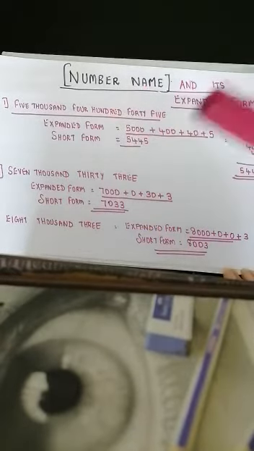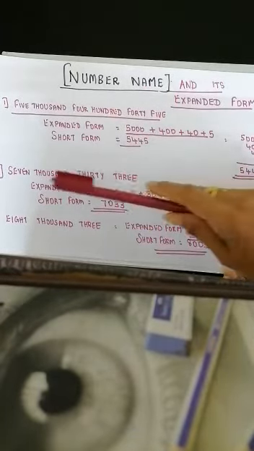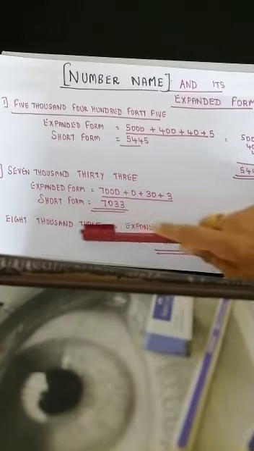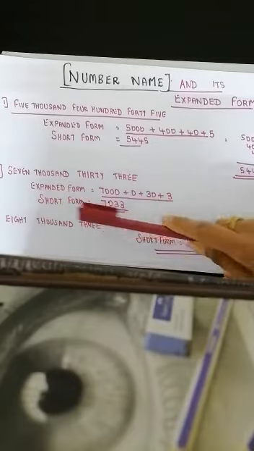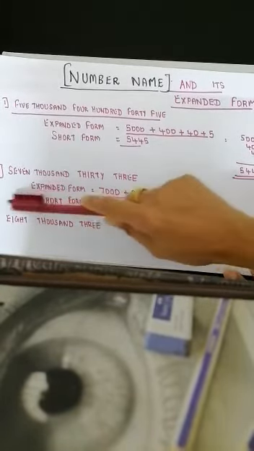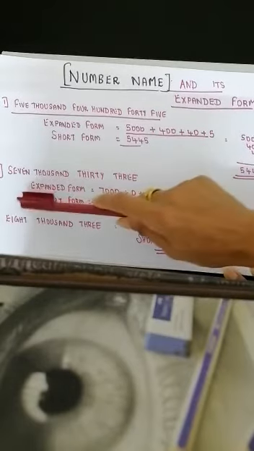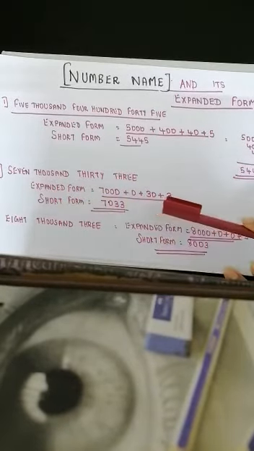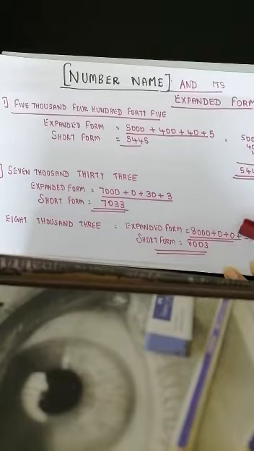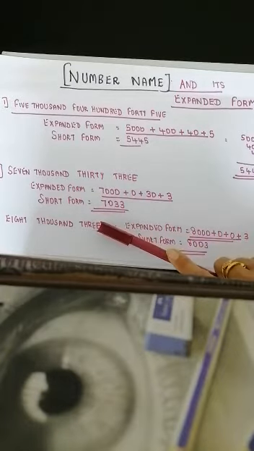We will consider one last example. 8,003. When we are given 8,003, just mention the number accordingly as we have read it. So 8,000, mention the expanded form 8,000 and 100 place 0 plus 0 plus tens place 0 plus ones place 3.